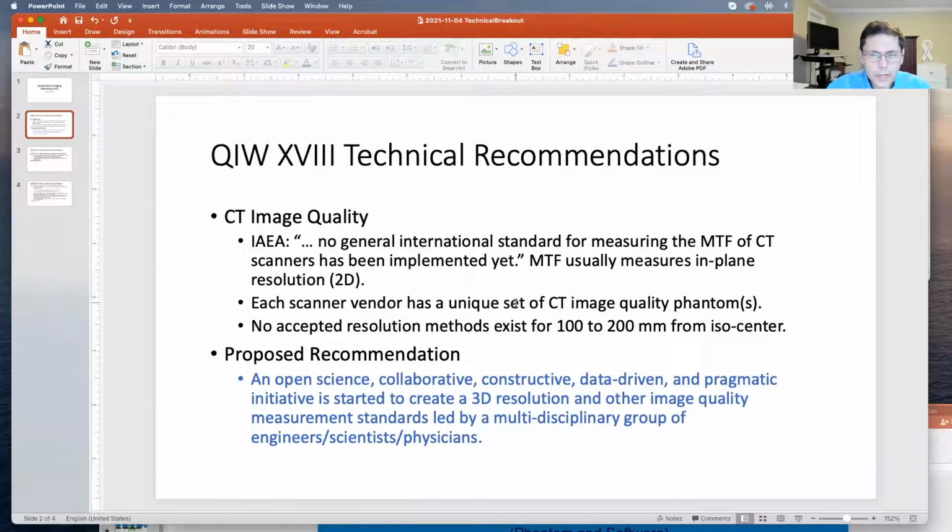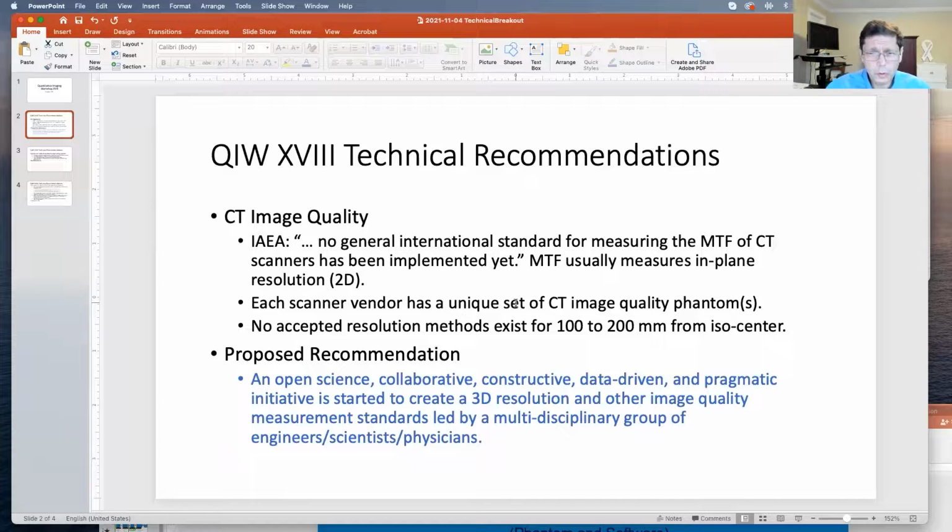What we'd like to point out, though, is, I just wanted to see if we could focus on this issue of resolution. Resolution is probably one of the most important image quality metrics of any optical system, CT included.